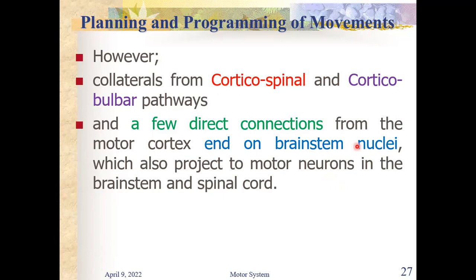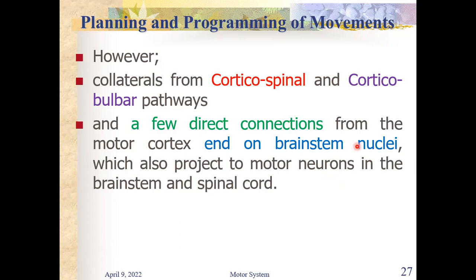Okay, motor neurons in the oculomotor nerve, motor neurons in the glossopharyngeal nerve that give rise to the glossopharyngeal nerve. Those are motor nuclei in the brainstem. So they also direct those motor information.